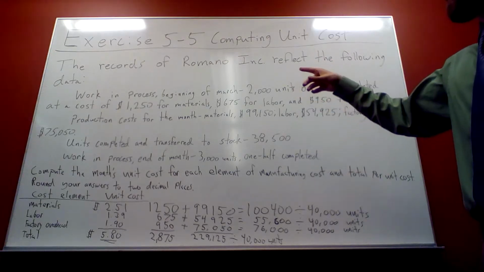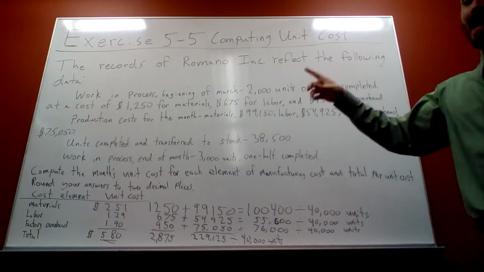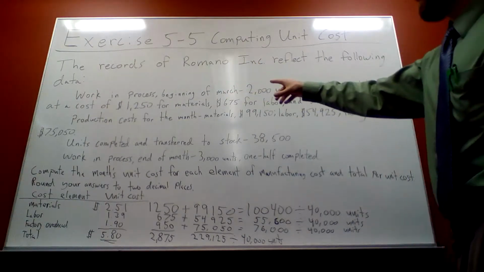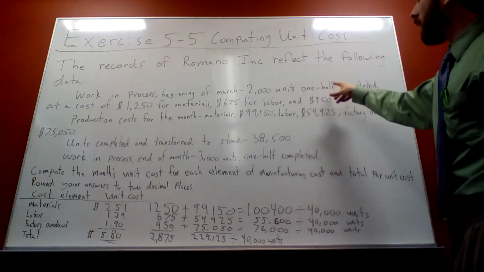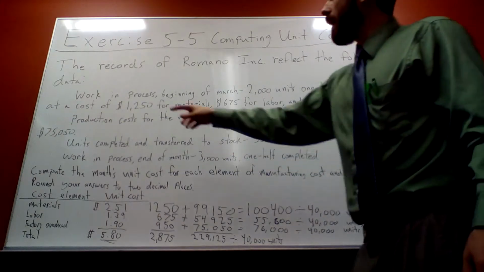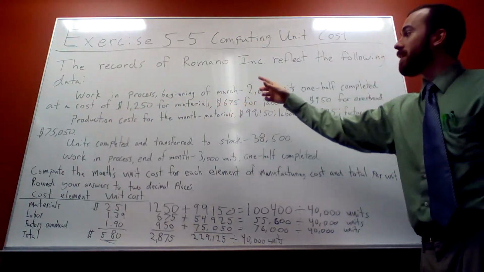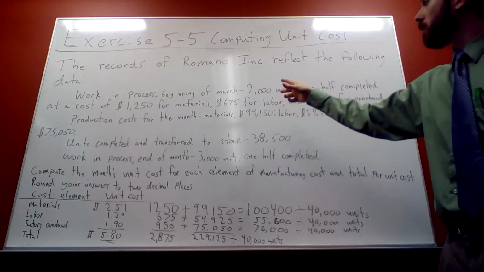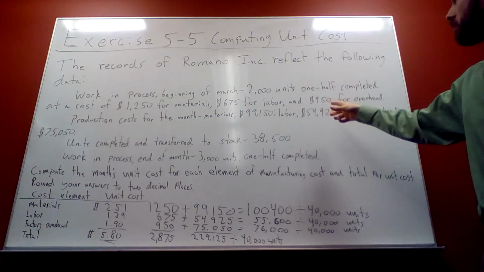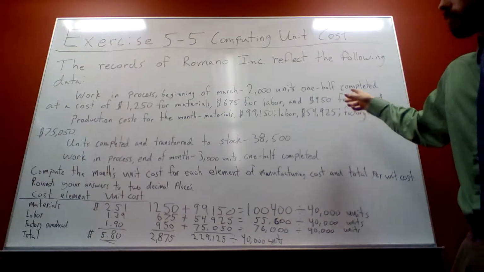The records of Romano Incorporated reflect the following data. Work in process at the beginning of March, 2,000 units, one half completed, at a cost of $1,250 for materials, $675 for labor, and $950 for overhead.